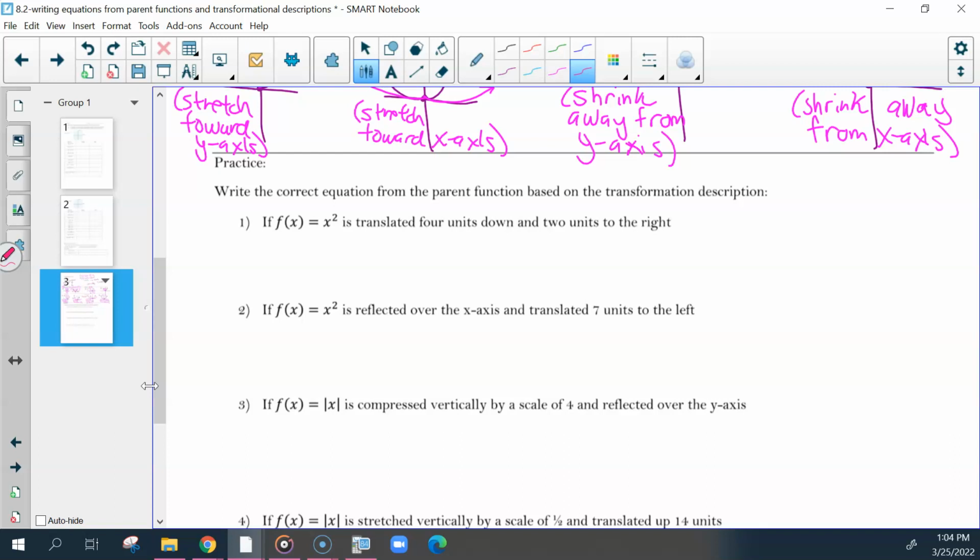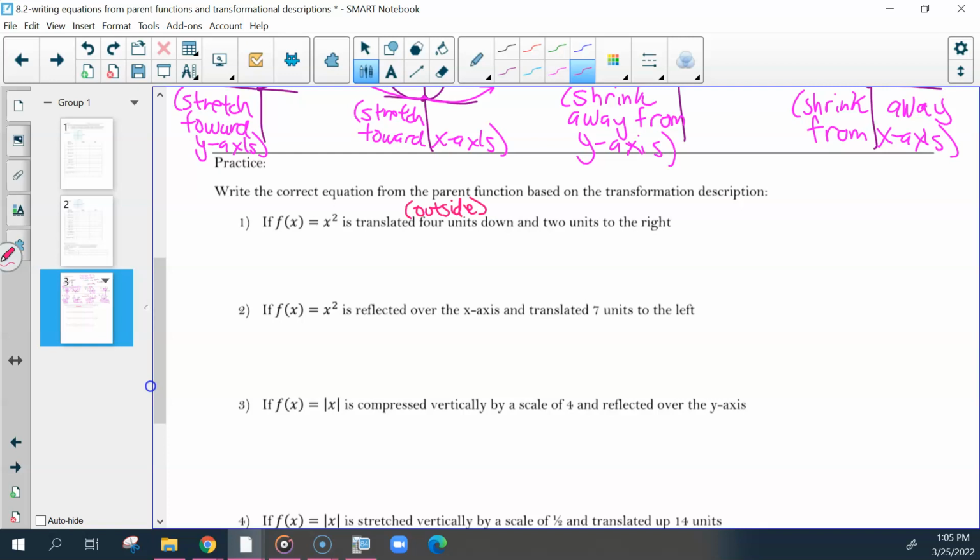Or is it vertical? That means by default that it's outside. If we were to translate 4 units down, how would we write that? Just the down part.